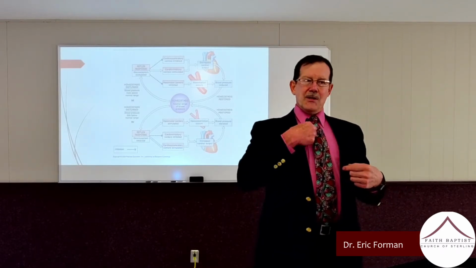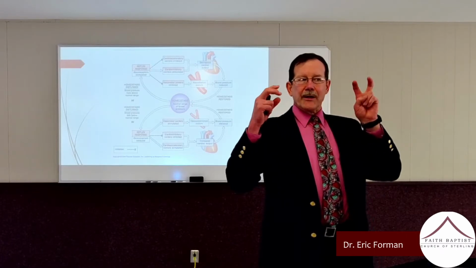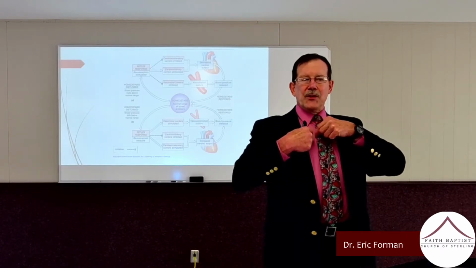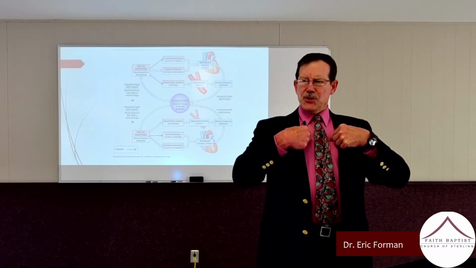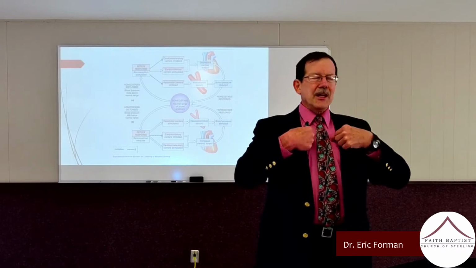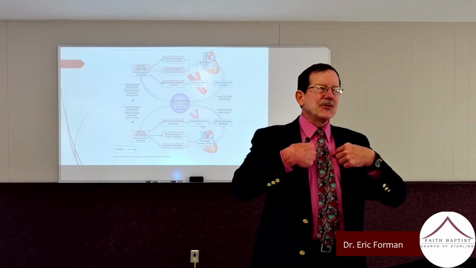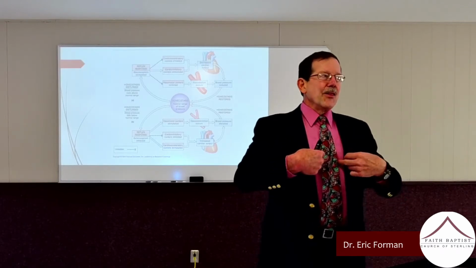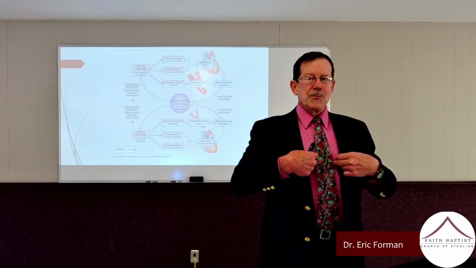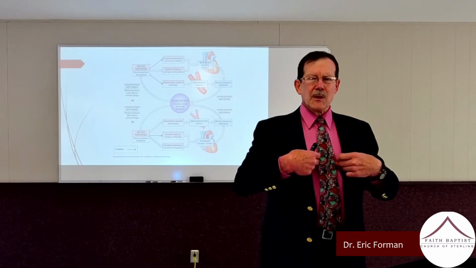So here's that SA node. It has wires, neurons, that send signals to the atria, the upper chambers. Does that make sense? So they contract together. And then a few tenths of a second later, the lower chambers contract together.